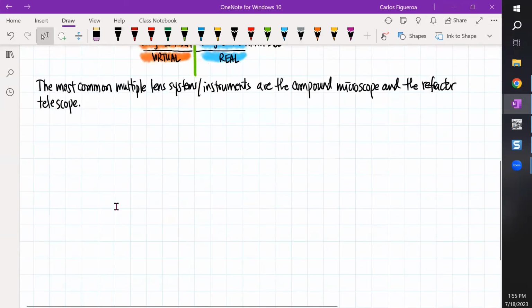So let's go through both of these. So here's the compound microscope.